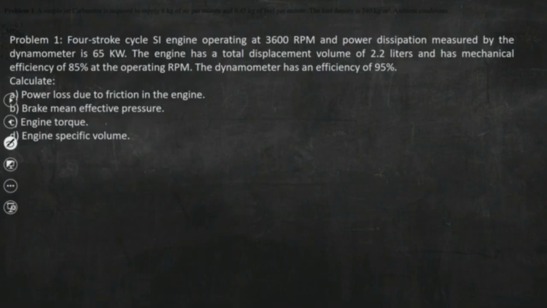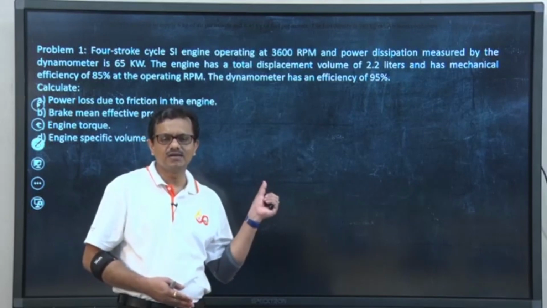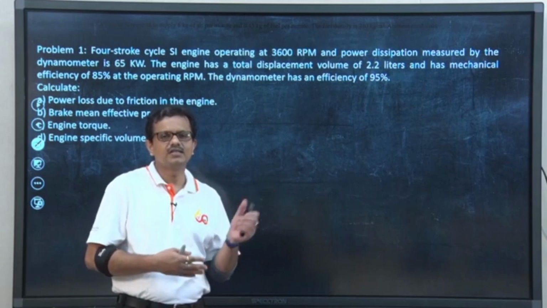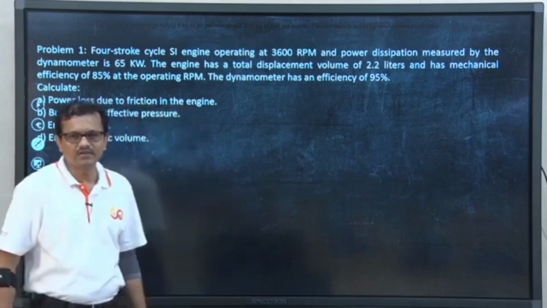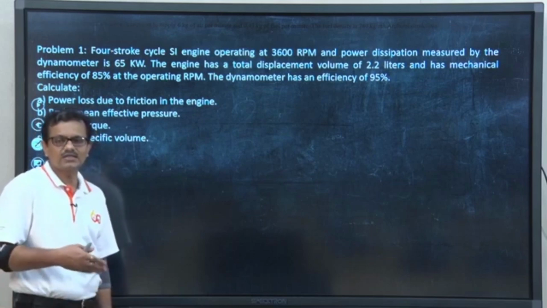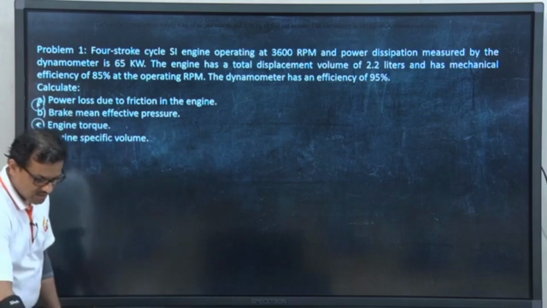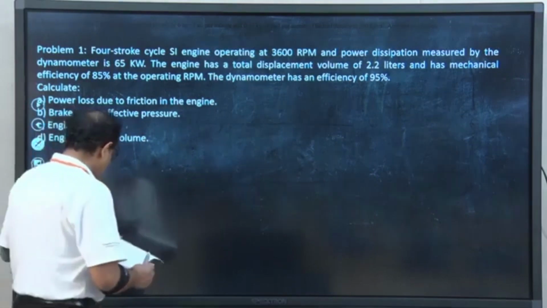The dynamometer has an efficiency of 95%. We need to calculate power loss due to friction in the engine, brake mean effective pressure, engine torque and engine specific volume. Whatever we have discussed in today's class, if we solve it by considering this numerical example, that will give us enough confidence to solve several other numerical problems, and at least help us understand the concept that we have discussed. Okay. So, let us solve it.